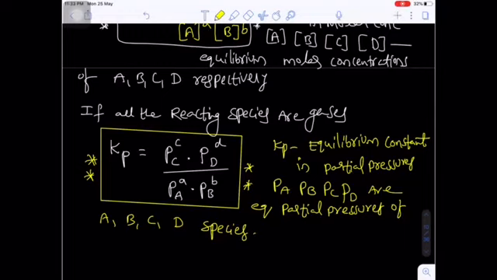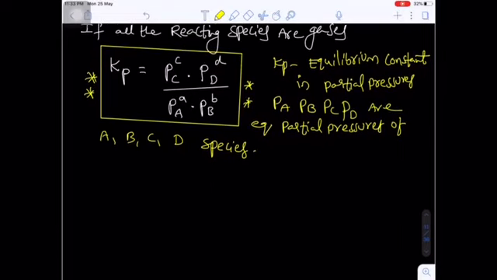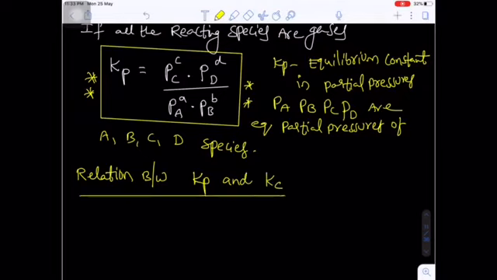Now here is the important concept, the relation between Kp and Kc, a very important derivation from an objective point of view.